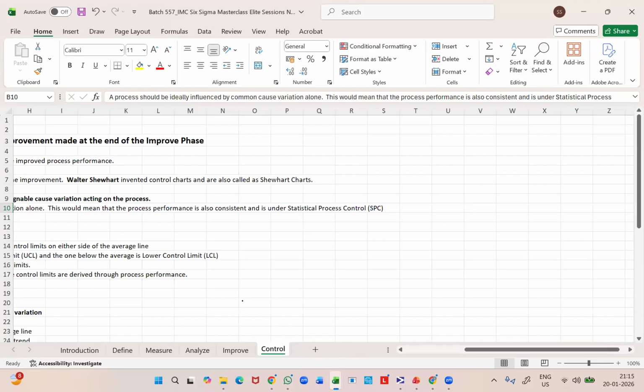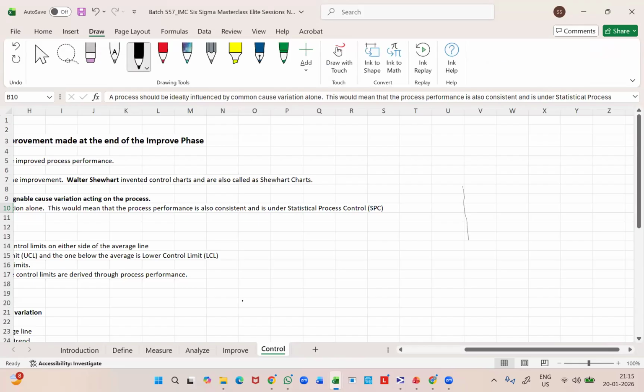In case of a control chart, since this is a sophisticated format of a run chart, we'll be plotting the data over a period of time. That means we will have the time zone along the x-axis. So in a control chart, we will not only have the average line at the center, we will also have a couple of lines apart from the average line, one at the top called the upper control limit and one at the bottom called the lower control limit.